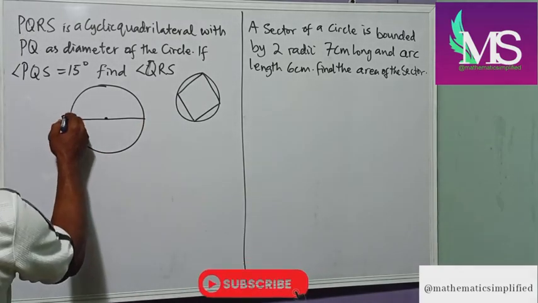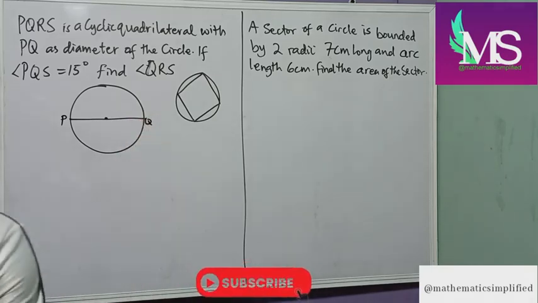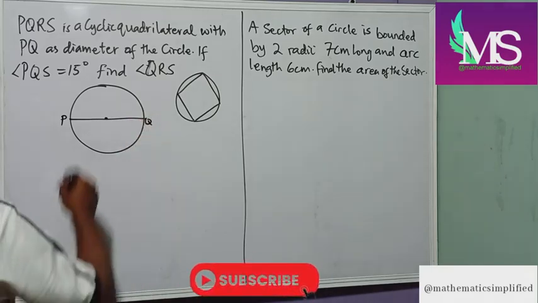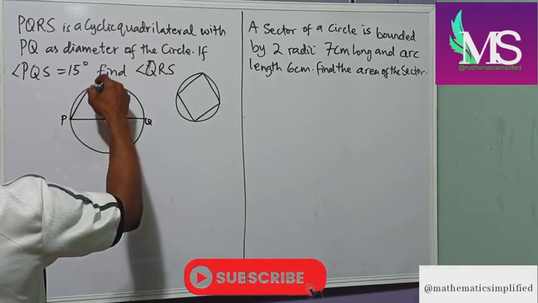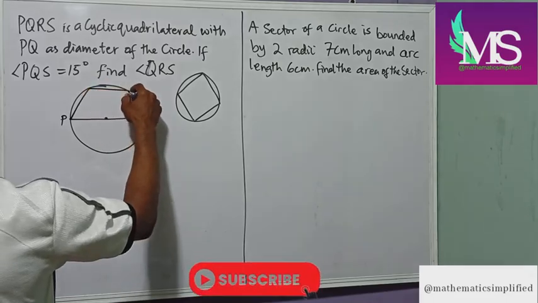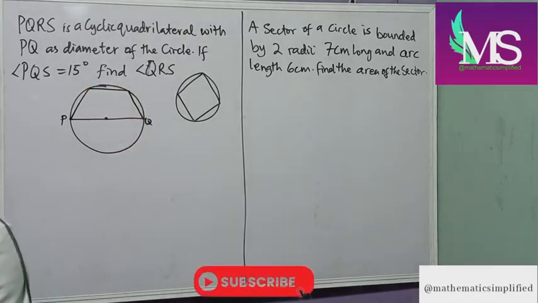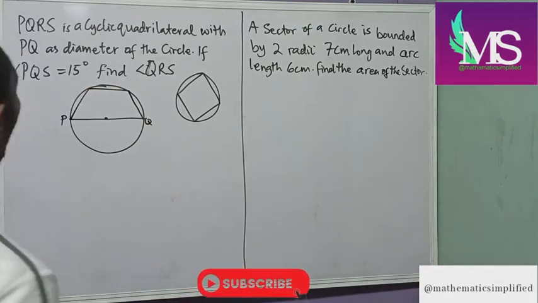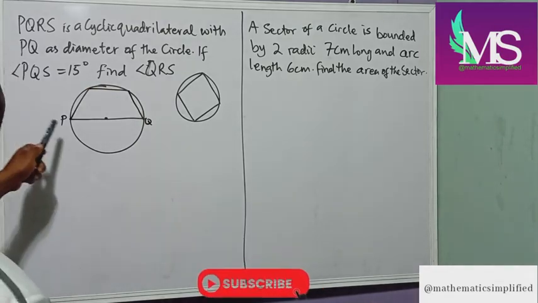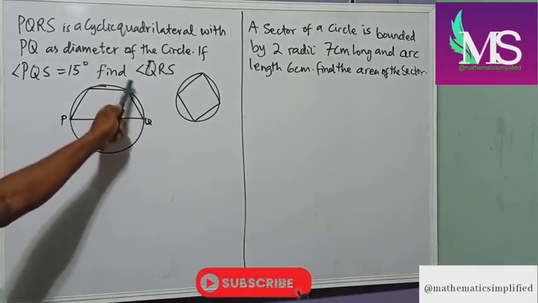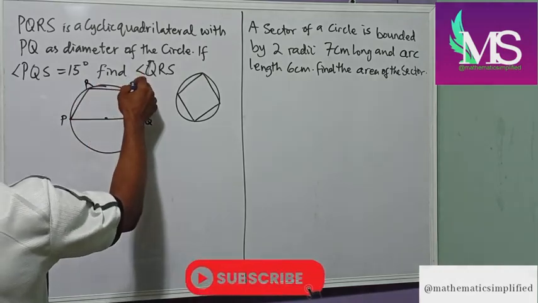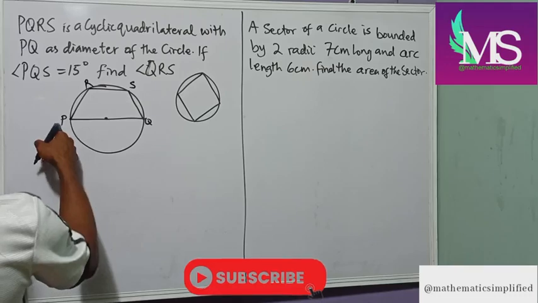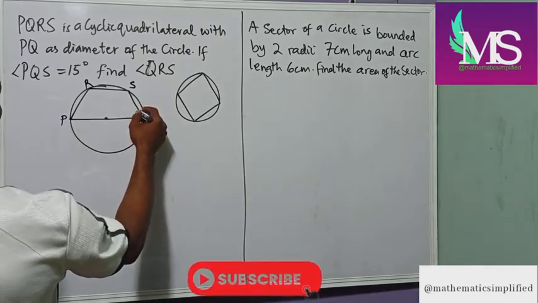So this one's our P and Q. That means the rest of our R and S would come this way. So this will be R and this will be S. We are given that PQS is 15 degrees.